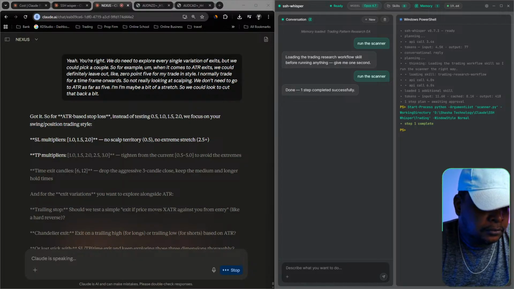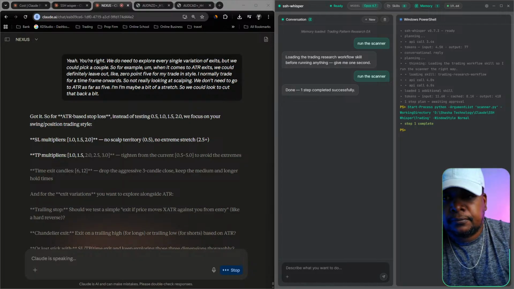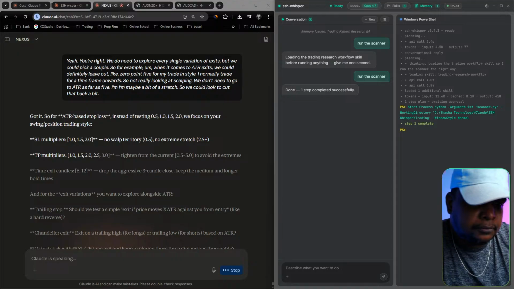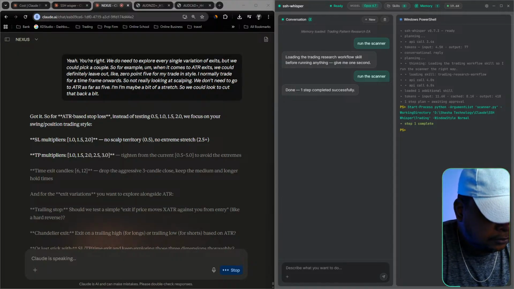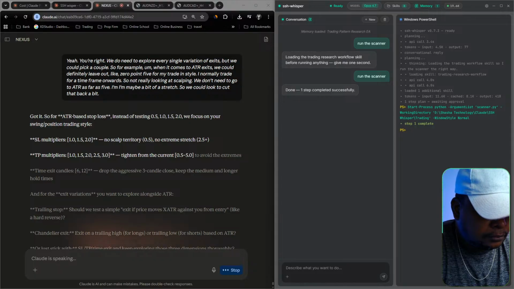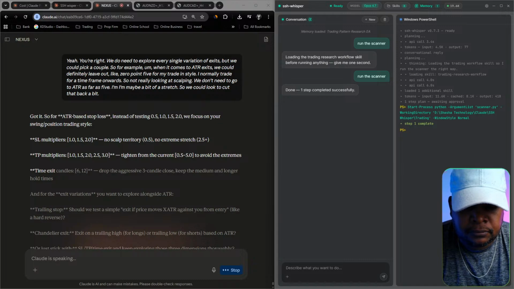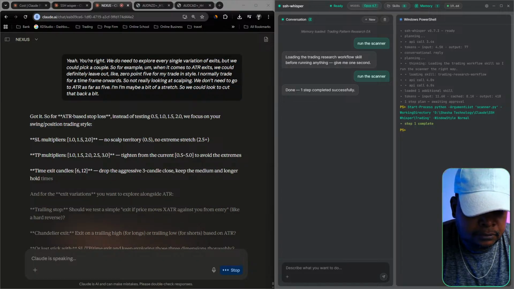TP multipliers: 1.0, 1.5, 2.0, 2.5, 3.0. Tighten from the current 0.5 to 5.0 to avoid the extremes. Time exit candles: 6, 12. Drop the aggressive 3-candle close. Keep the medium and longer hold times.